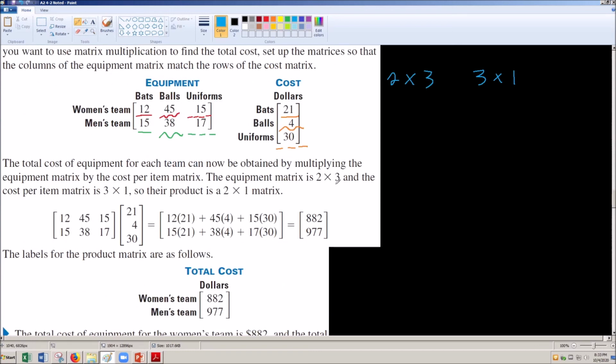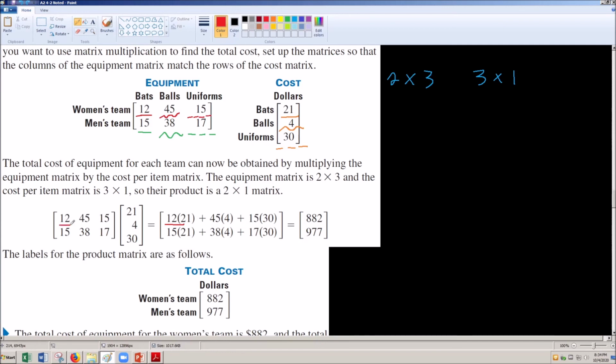So jumping down to look at some of the multiplication going on, I'm going to highlight it as best I can for you. So here we have the women's, I'll do the best I can. There's going to be some overlapping of these things.